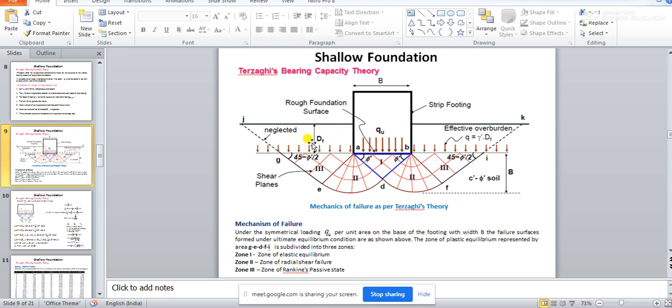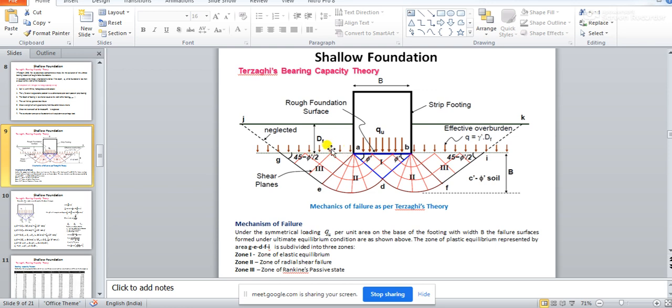The load from the soil will also be coming, because this portion of the soil and this portion of the soil will be creating some pressure at this level, right. So the pressure from the soil that will be acting at the depth level of the footing will be considered as surcharge load.